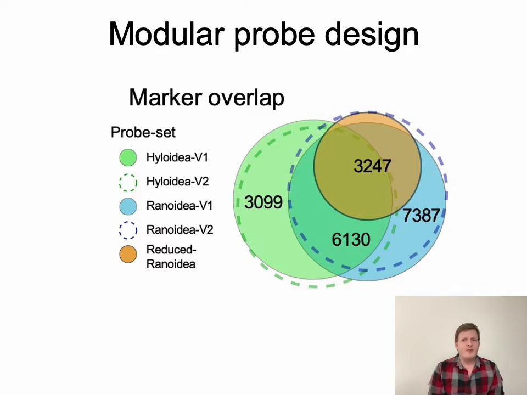Otherwise, in green, Hyloidea version 1 has 3,099 unique markers and 6,130 that overlap with Ranoidea version 1. Ranoidea version 1 then has 7,387 unique markers. And Reduced Ranoidea has 3,247 markers that partially overlap with both the data sets.